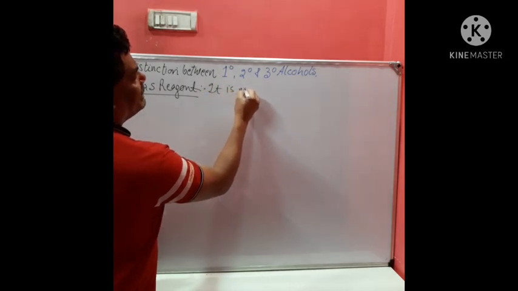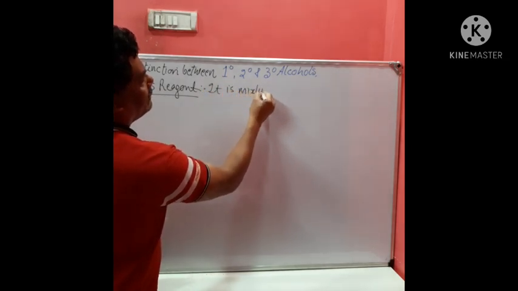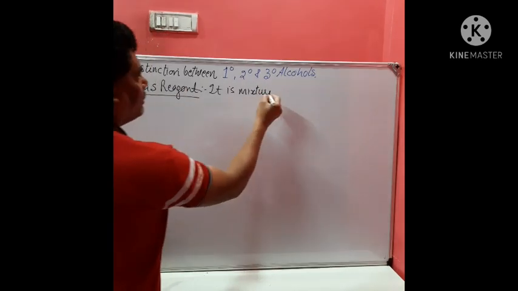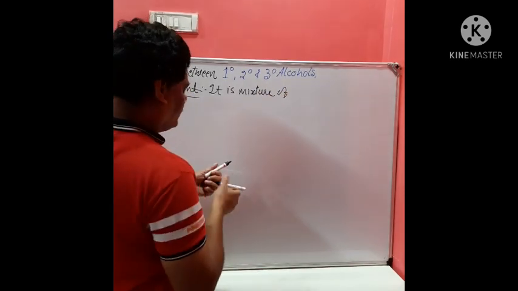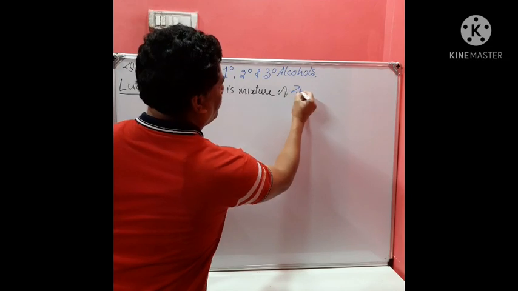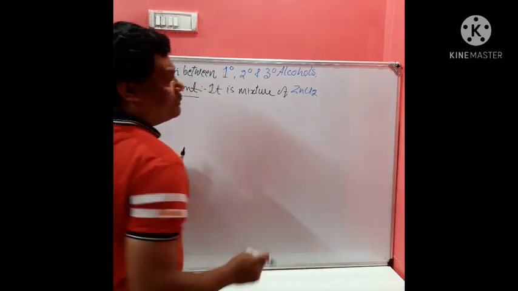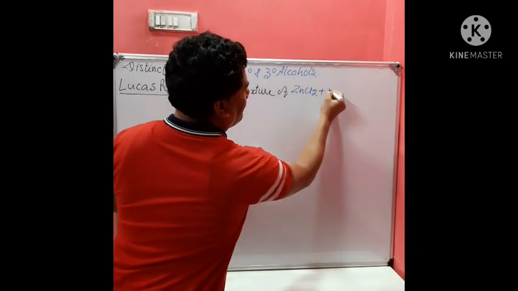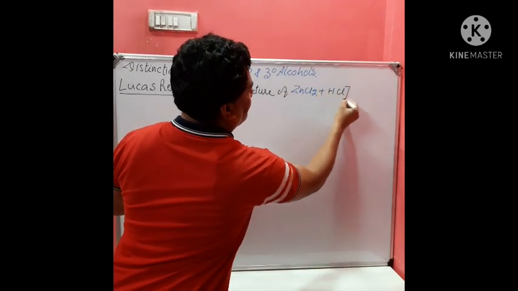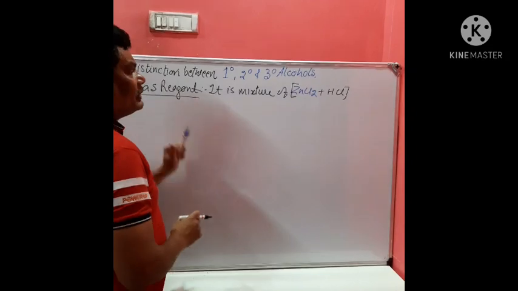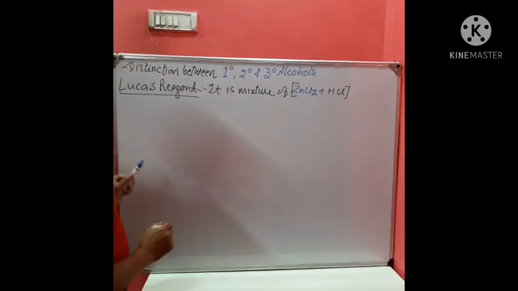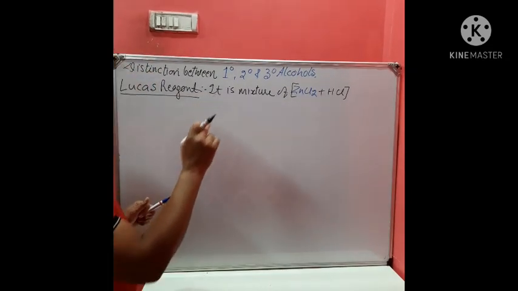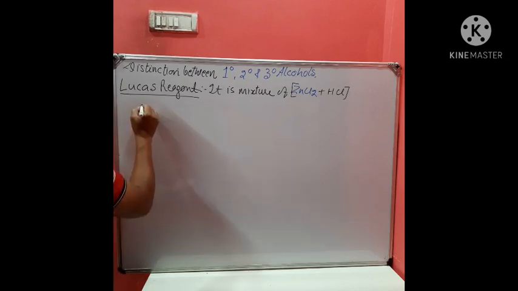It is a mixture of ZnCl2, that is zinc chloride, which acts as a dehydrating agent, plus HCl, that is hydrohalic acid. This is called Lucas reagent. So it is a mixture of ZnCl2 plus HCl.